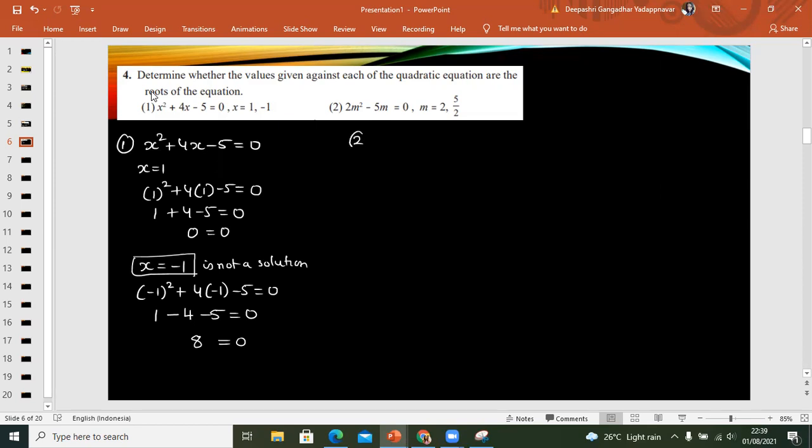Let's solve the second equation: 2m² - 5m = 0. If it is giving you 0 on the left side, then it is a solution of that particular quadratic equation.